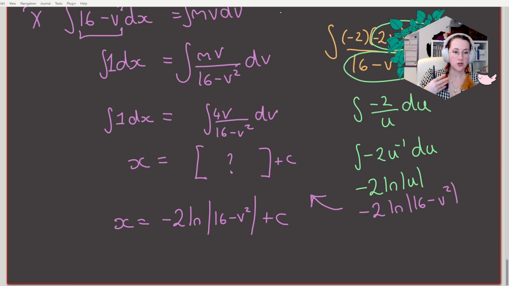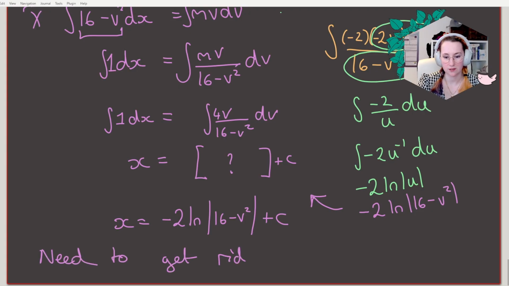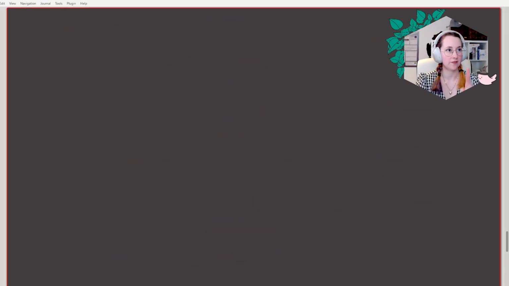Now, we're not done. We got told to find x at a specific value of v, but what we need to do first is get rid of that constant. So to do that, we need a value of x and a value of v.